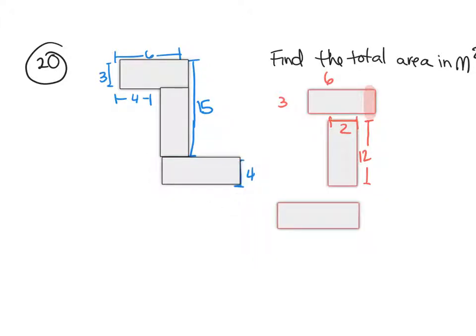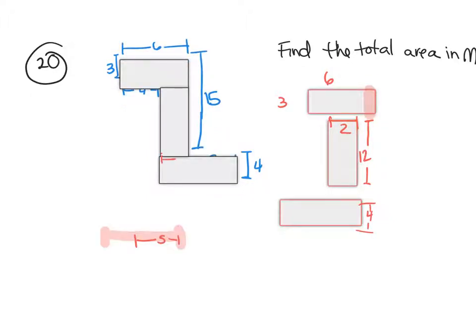Well, it's easy to see that the height is 4 because that's what it tells me. But now I need to try to figure out this length. I know this part is 2 plus that 5 means this whole distance is 7.